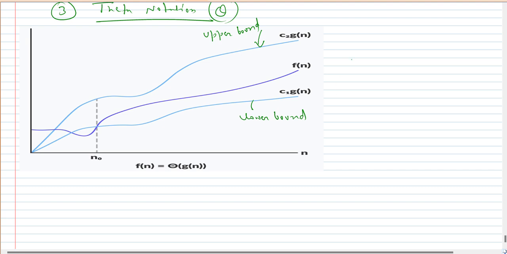In big theta, we have two constants c1 and c2. These constants represent the lower and upper bounds of an algorithm's performance. The function f(n) lies between these two bounds for all sufficiently large values of n.